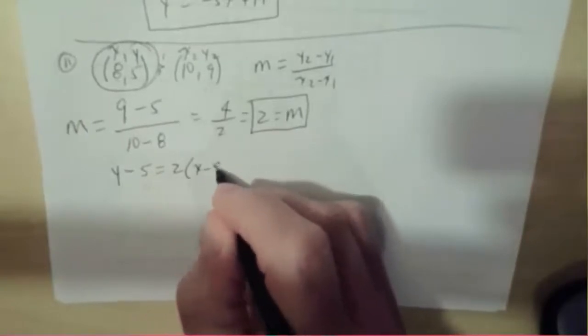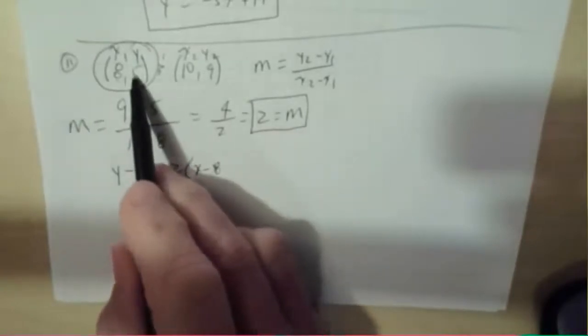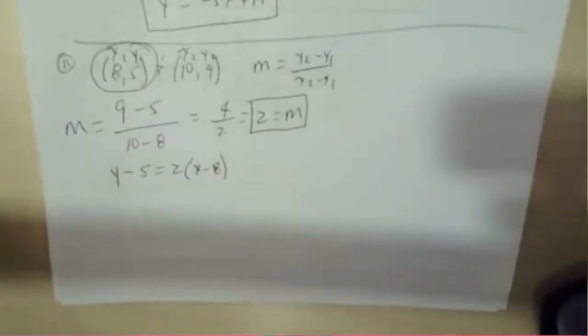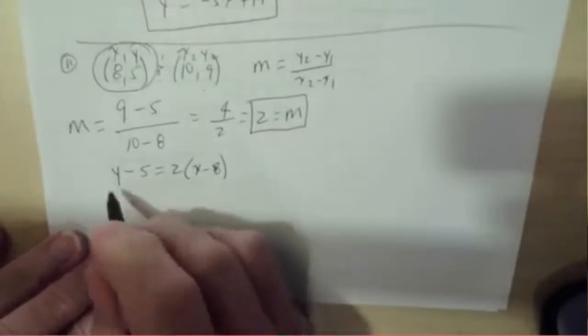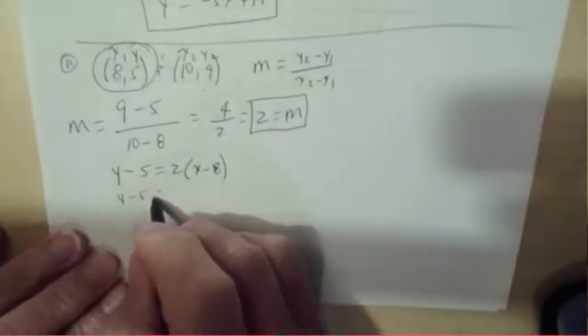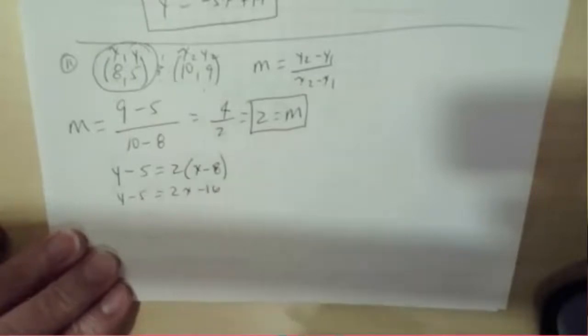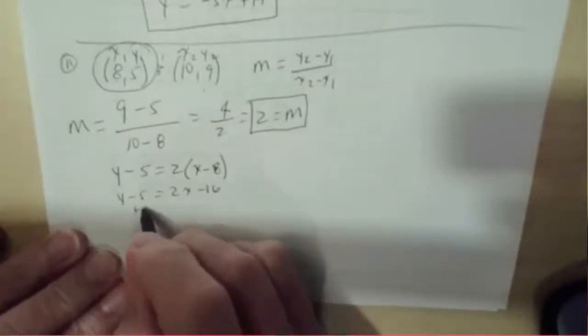Okay, now we do the distributive property. So we have y minus 5 equals 2x minus 16. Is that right? Add 5 to each side.